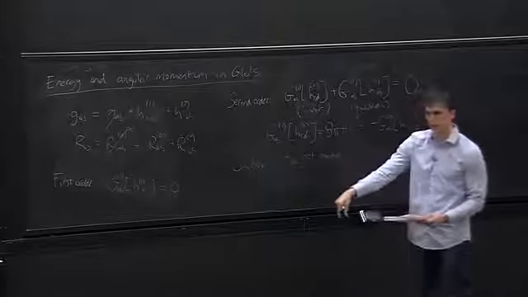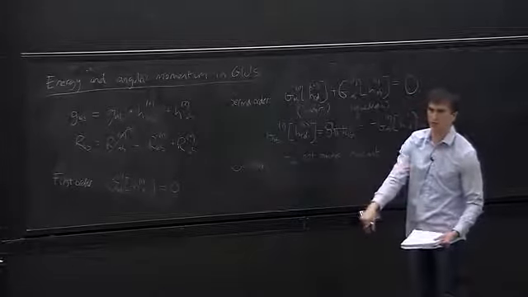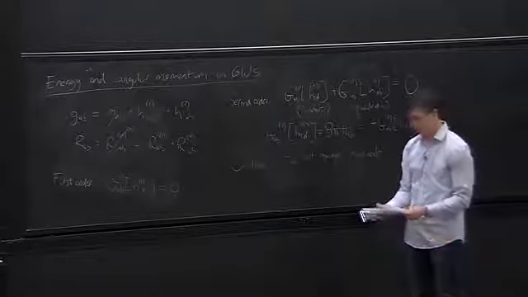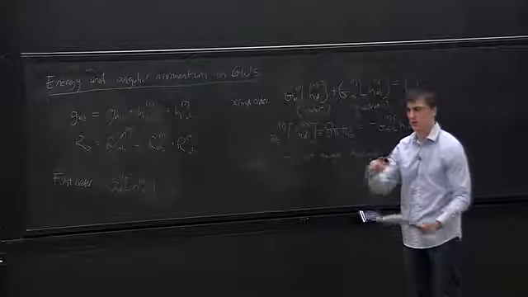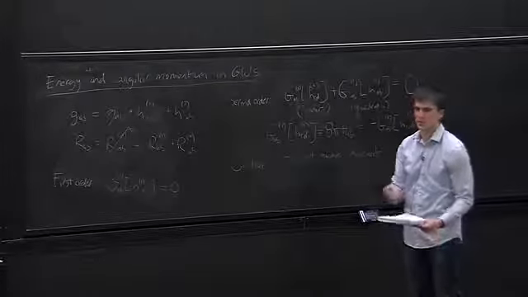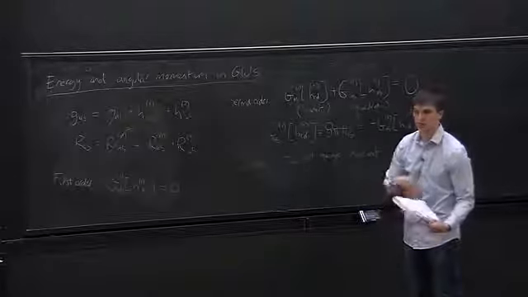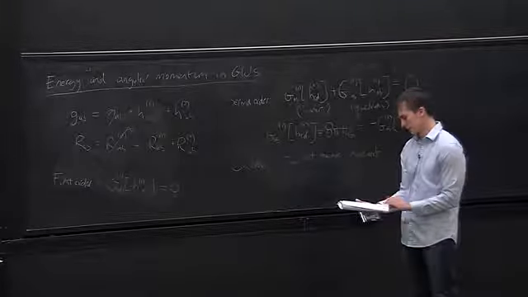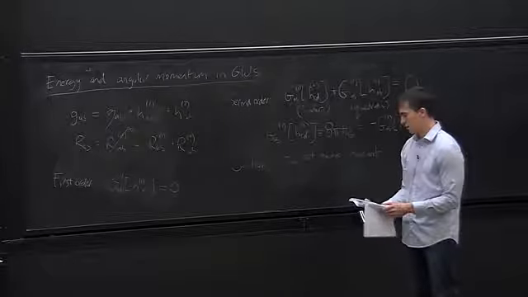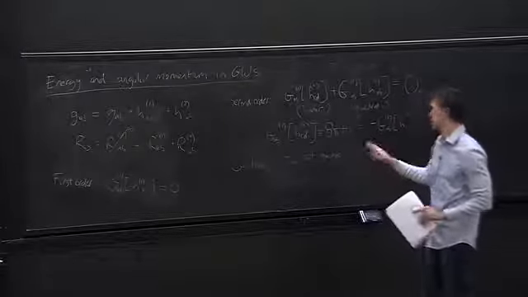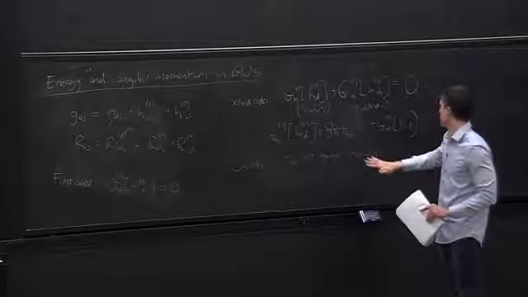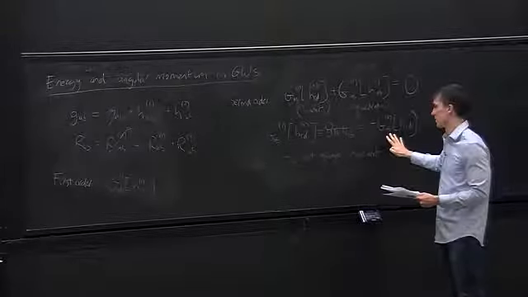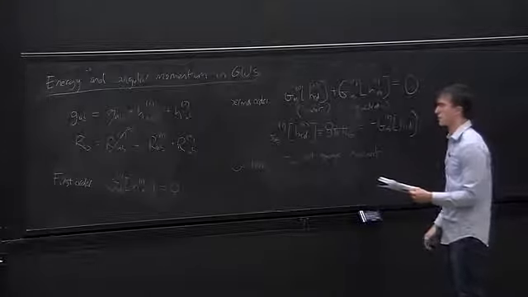We can't localize the gravitational wave to some distance that's comparable or smaller than its wavelength, because we can always perform some coordinate transformation to make things look locally flat there. But if we extend over several wavelengths, we can. So, in the interest of time, I'm not going to go through actually working out what this is, but we can just write down what the answer is in TT gauge.